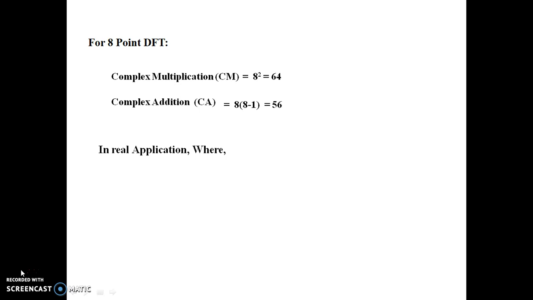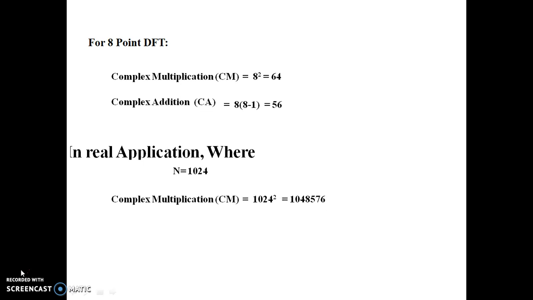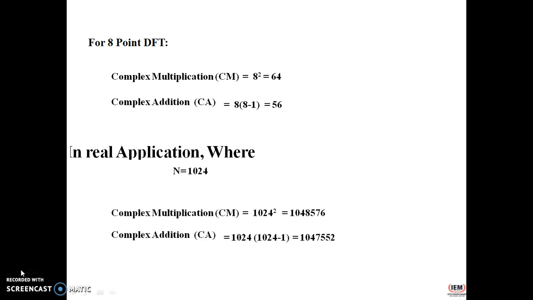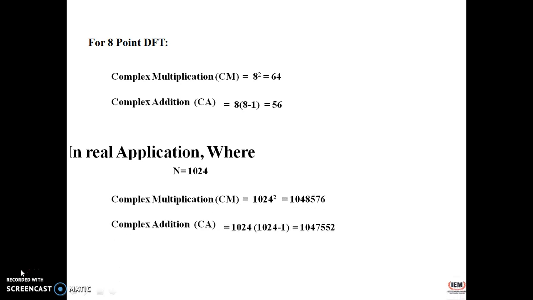In real applications, if in place of 8 we consider N as 1024, then the complex multiplication is the square of 1024, that is 1048576, and for complex addition, that is 1047552.